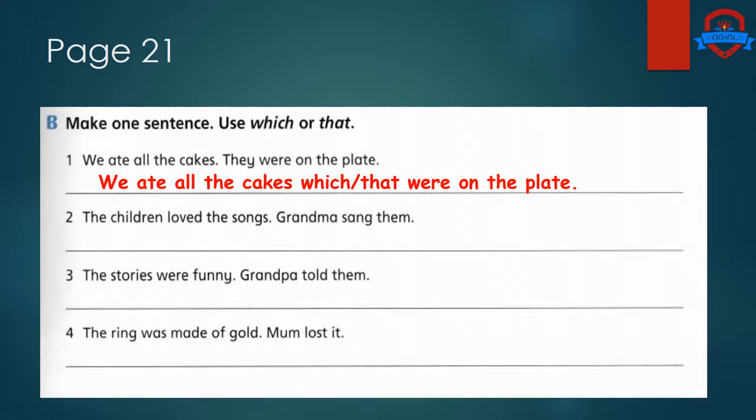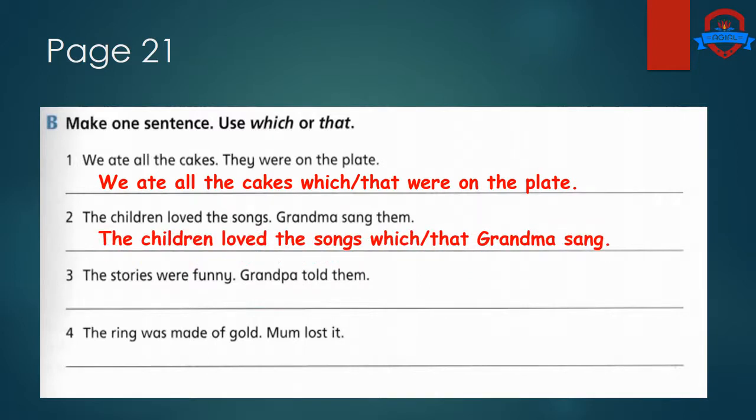Number 2. The children loved the songs. Grandma sang them. The children loved the songs which or that grandma sang. Number 3. The stories were funny. Grandpa told them. Do it yourself. You can do it.